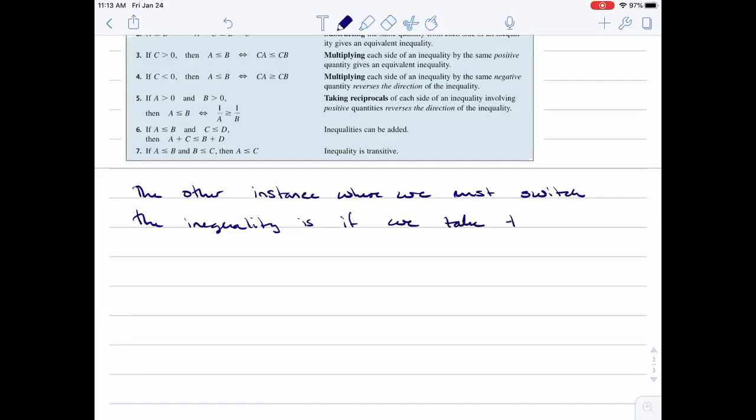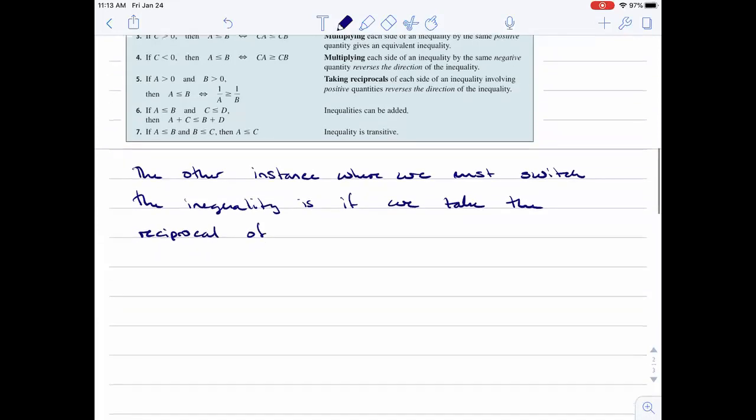Using that example, 2 is less than 4, right? But 1 over 2 is greater than 1 over 4, right? A half is greater than a quarter. And so this is from property number 5 up here.